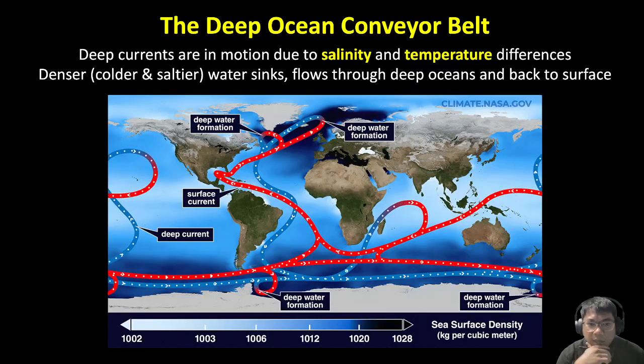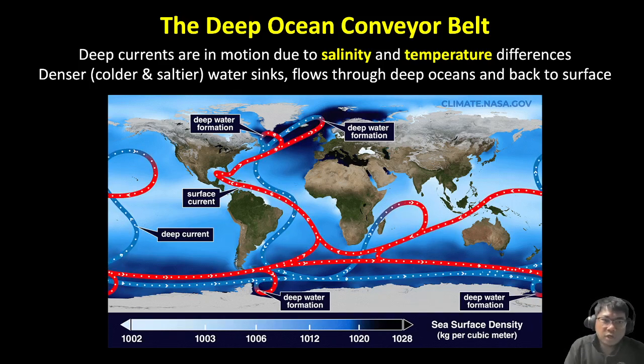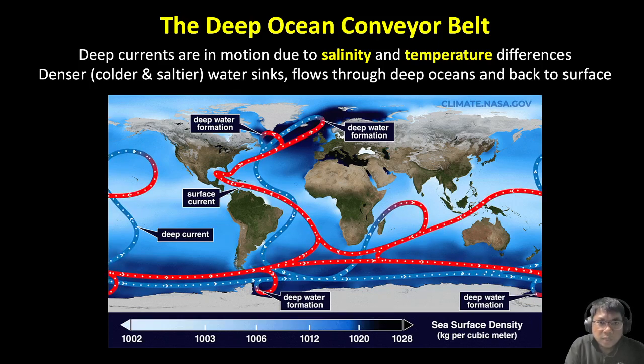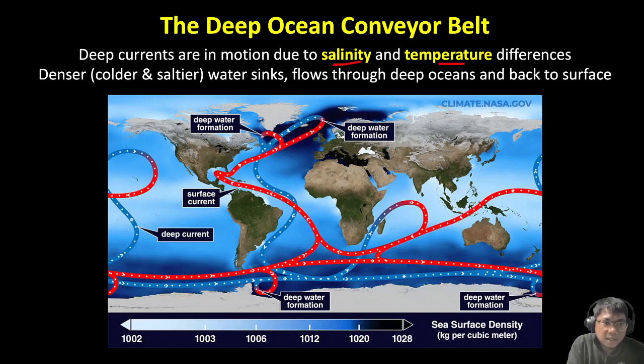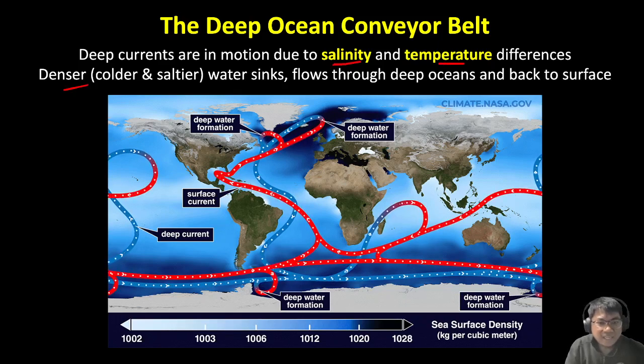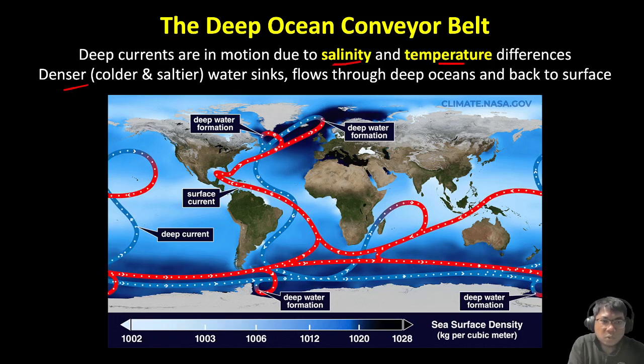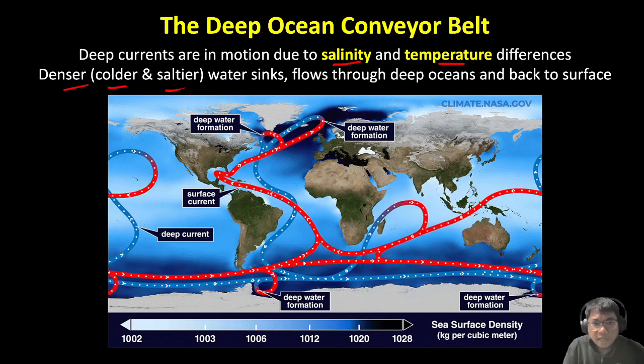The ocean currents create something that we call the deep ocean conveyor belt. The deep currents are in motion due to differences in salinity and temperature. The denser water will sink to the bottom because it is colder and saltier, and it flows through the deep ocean and back to the surface.